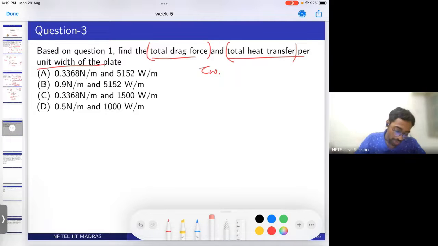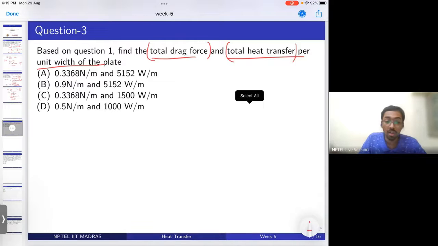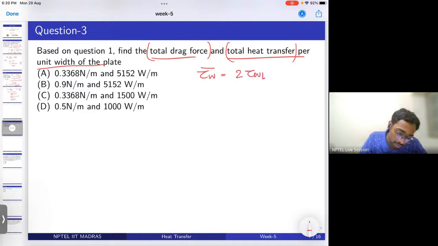So we need to find out the average shear stress over the surface, tau W average. It is already derived in the class that tau W average is equal to 2 times tau W at the trailing edge.